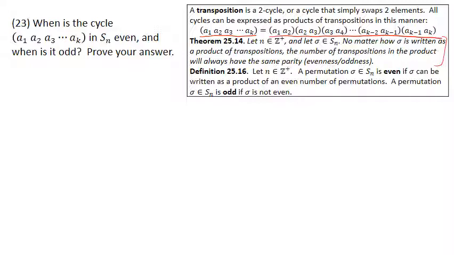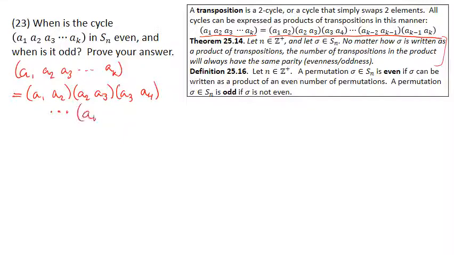So all we really need to do is say that (a1 a2 a3 ... ak) is equal to (a1 a2)(a2 a3)(a3 a4) ... (a_{k-2} a_{k-1})(a_{k-1} a_k).